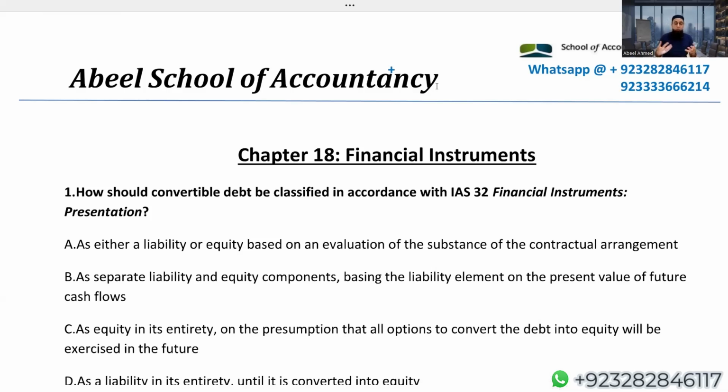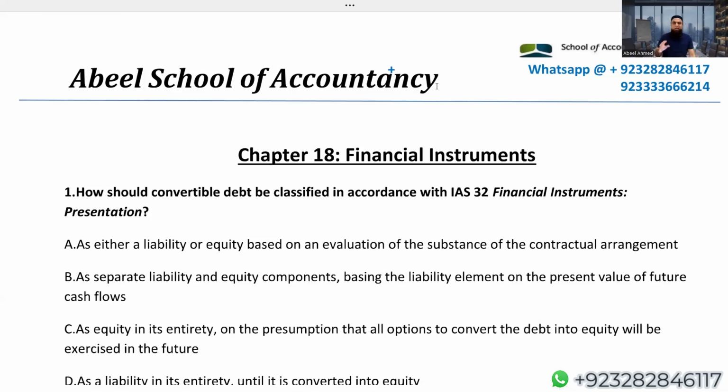How to separate, how to split a compound financial instrument? Very simple. According to IAS 32, just calculate one component of the compound financial instrument, deduct that component from the total, and the balancing figure will be the second component. The question is how to calculate one of the components. The answer is given by IAS 32.